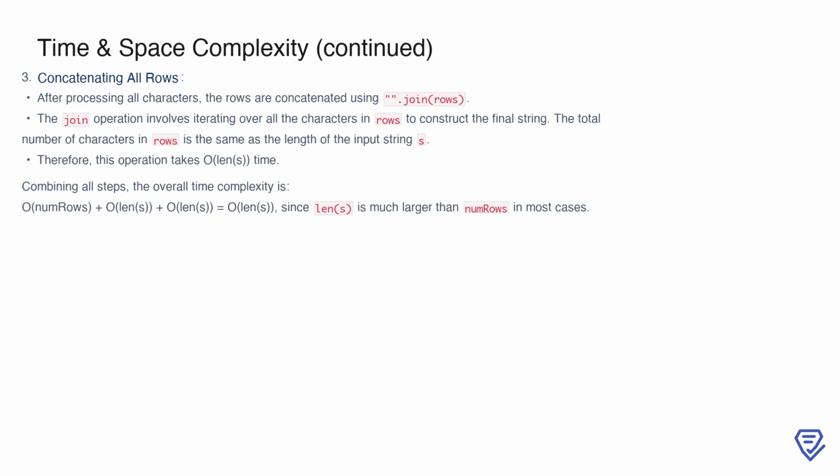Since the total number of characters in rows matches the length of the input string S, the join operation takes O(len(S)) time. Now, when we combine all these steps, we have the initialization step taking O(numRows), the iteration over the string taking O(len(S)), and the final concatenation also taking O(len(S)). Because len(S) is typically much larger than numRows, the overall time complexity simplifies to O(len(S)).